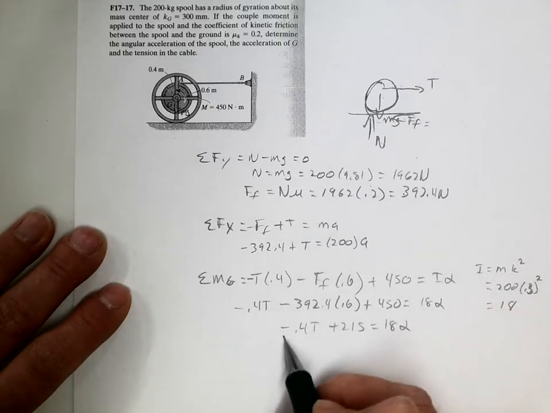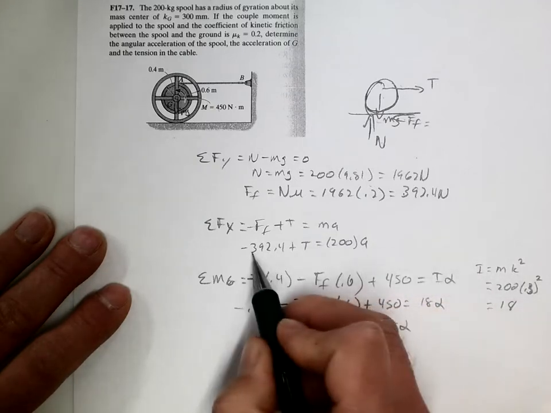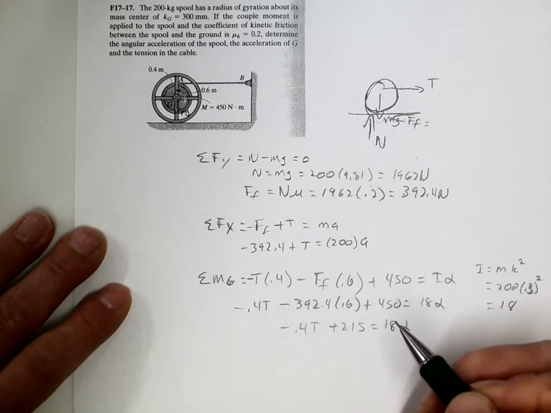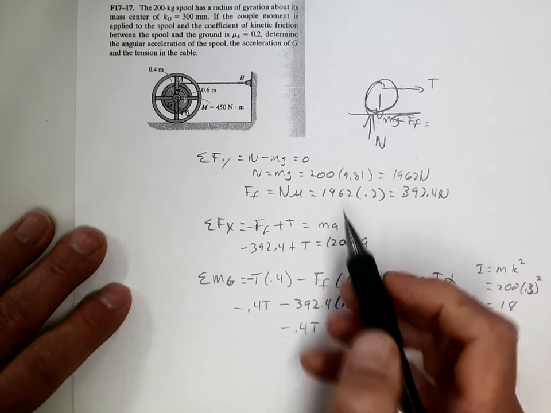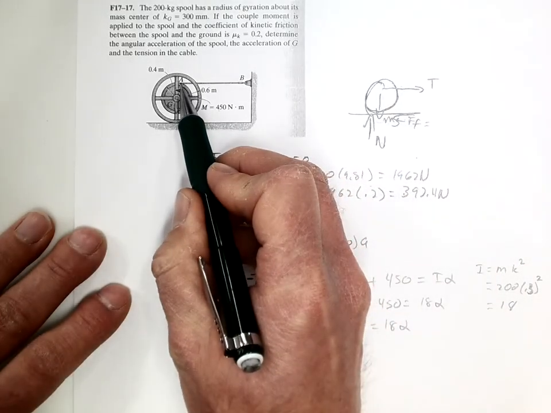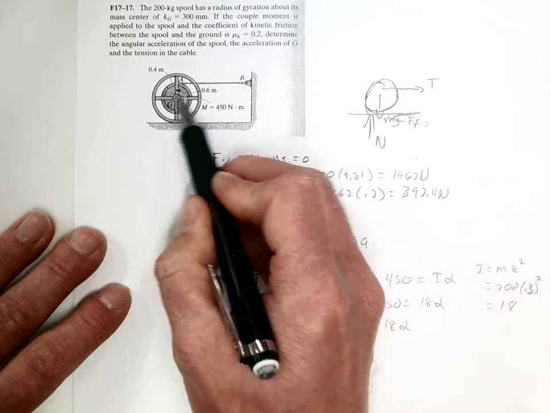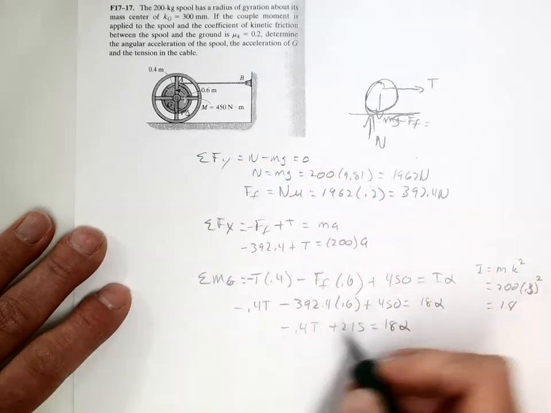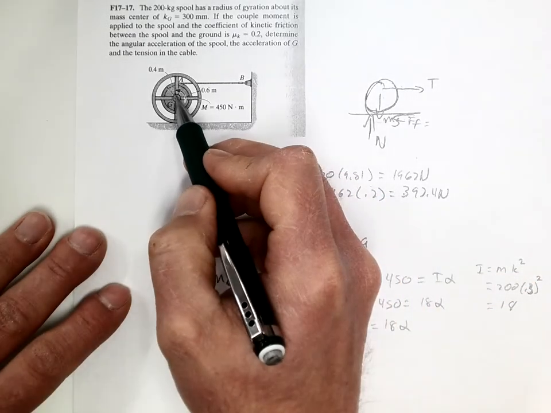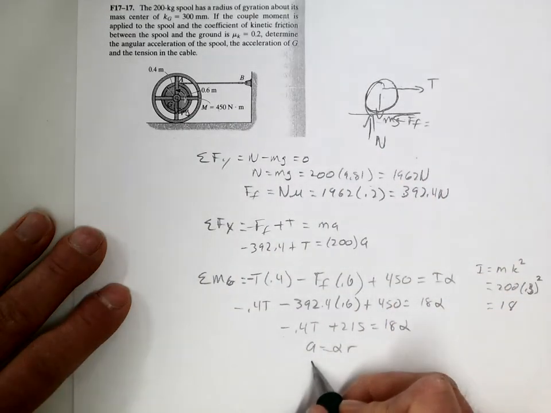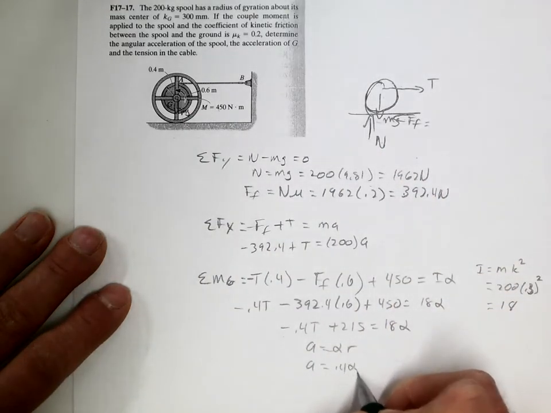So we have this equation with T and alpha and this equation with T and a. Well, we can equate alpha and a by the radius because it's not slipping, right? It's rolling up that cable. So a equals alpha r, where r is 0.4. So a is equal to 0.4 alpha.